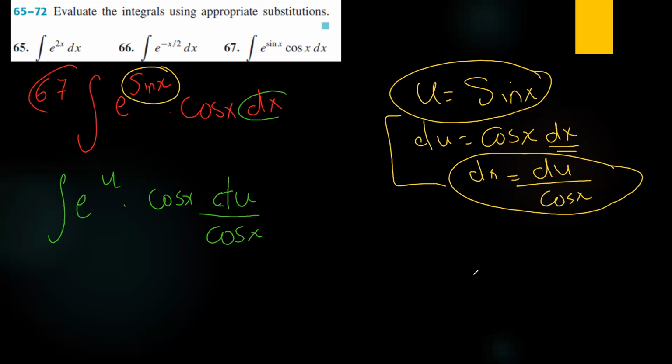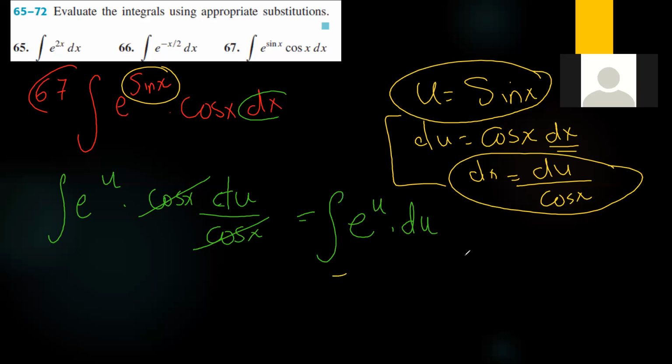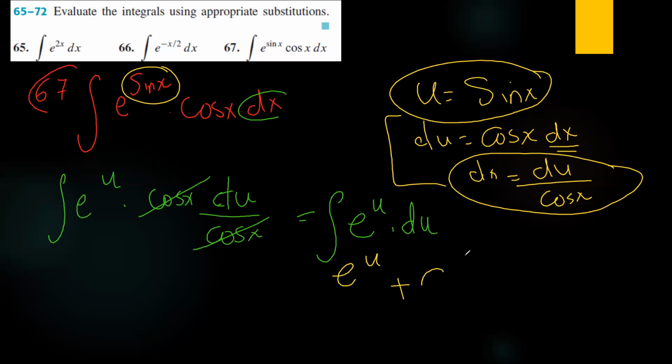Since we substitute dx with du over cosine x, you will cancel the cosine. So you have the integration of e to the power u du. Now what's the integration of e to the power u? It is e to the power u plus c.